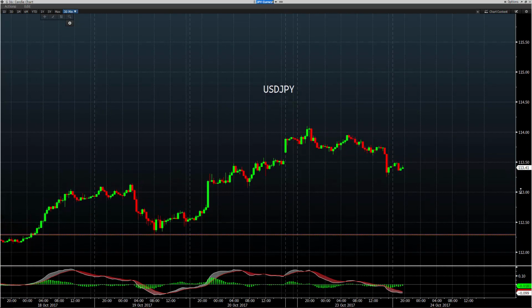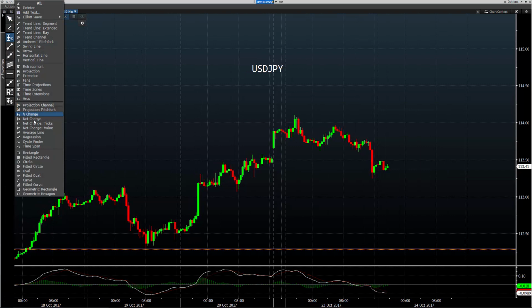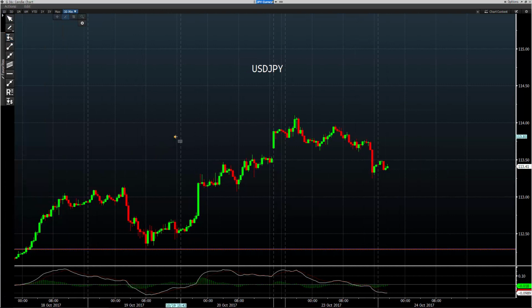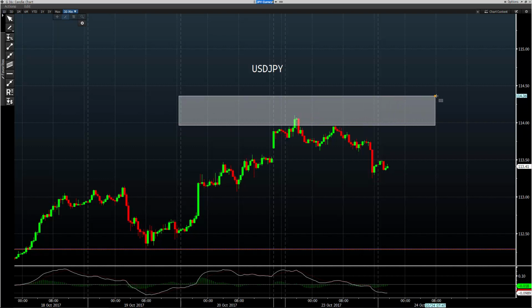The idea is that you grab your analysis from a bigger time frame. So the same spots I just talked about, 113.97 to 114.36, or something very close to that. There's your 40-point section.